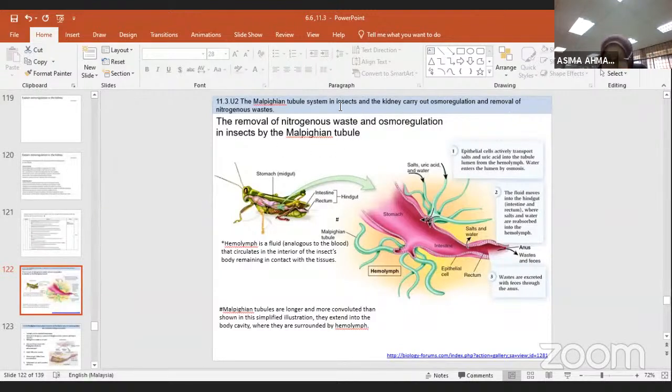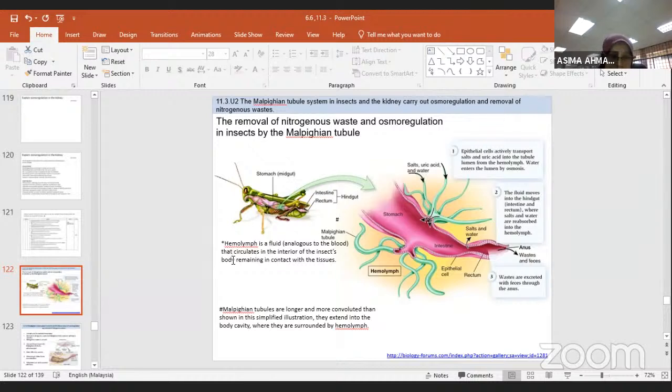In insects, they have this system known as the Malpighian tubule system, which will carry out osmoregulation and removal of nitrogenous waste. So if we have a kidney, insects have the Malpighian tubule system. This is an example of a grasshopper, an insect. So this one is the introduction.